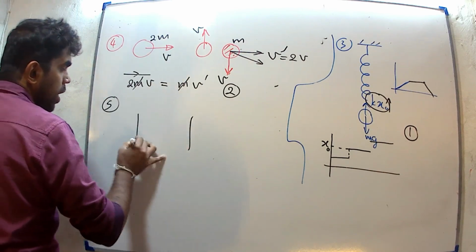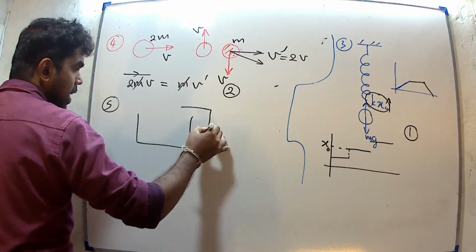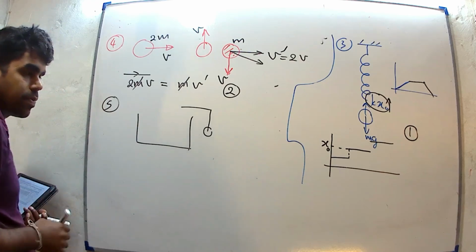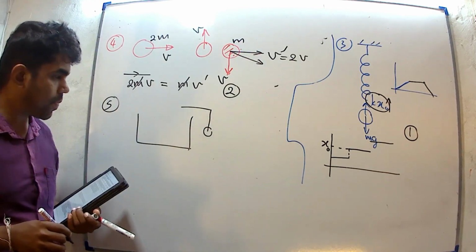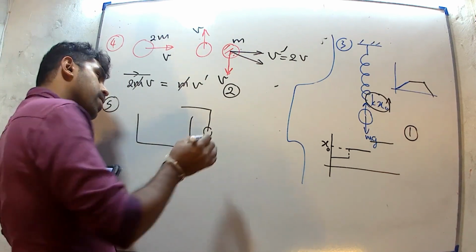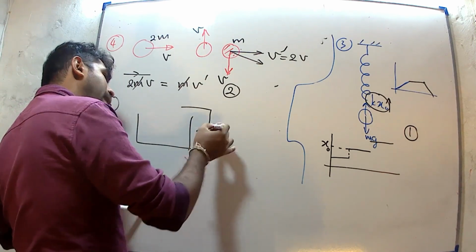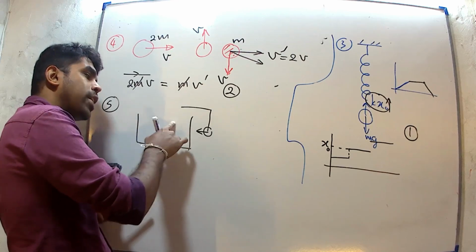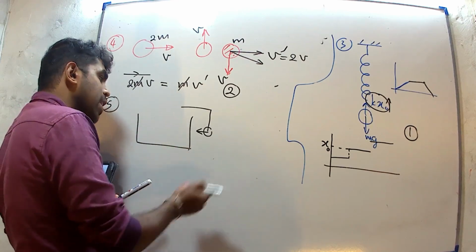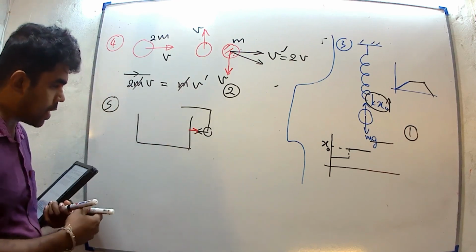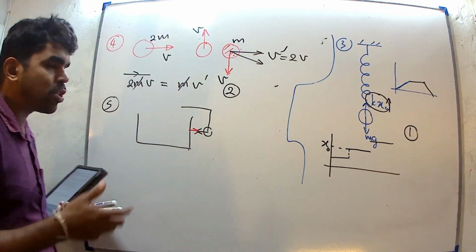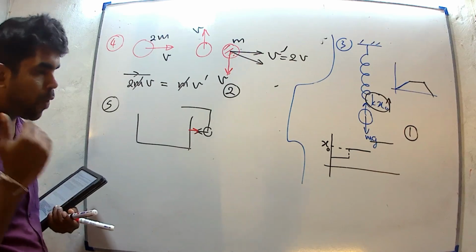When considering the trolley, there is a magnet like this. There are two magnetic forces in the system. There is a force on the magnet due to this iron trolley, and there is another force, equal and opposite, on the iron trolley. When considering the total system, there is no external unbalanced force.